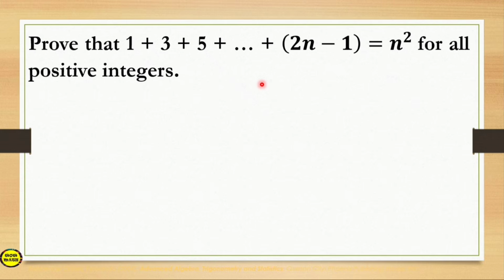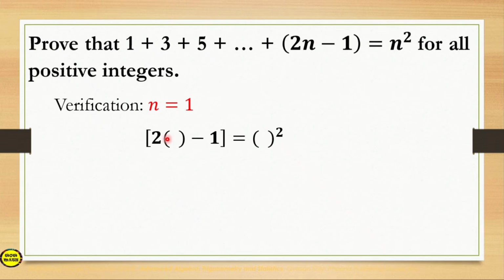So again, ano yung una natin gagawin kapag nagpo-prove tayo using mathematical induction? Okay, i-verify natin for n is equal to 1. So papalitan natin yung n natin ng 1. So substitute 1 sa n natin equals, so since n squared yan, ilalagay din natin yung 1 dito.